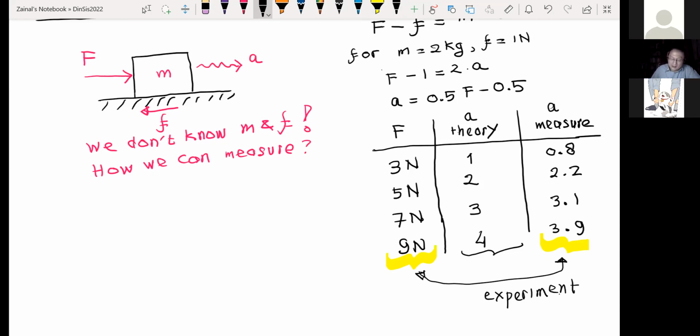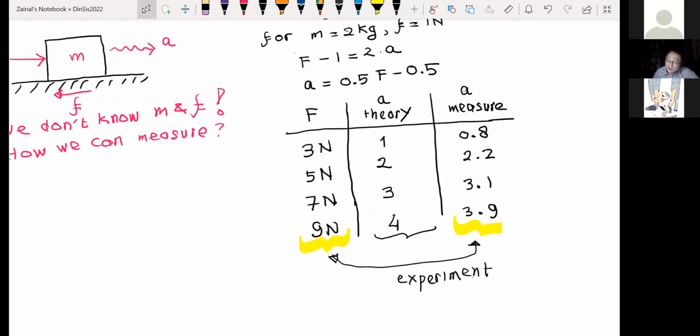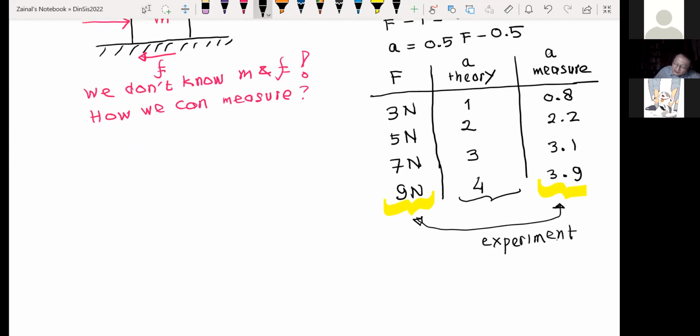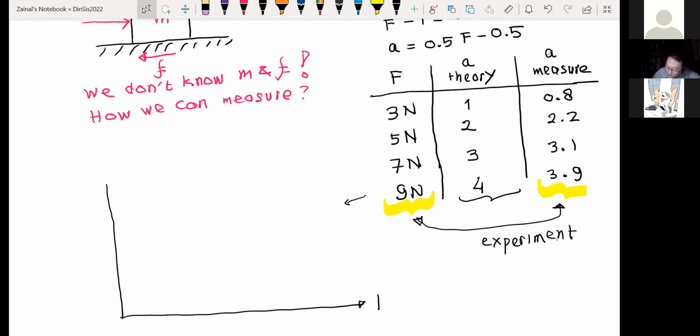Okay. Now, look at this equation, right? If you plot the acceleration from this graph, something like this one is the amount of force you apply, and then this one is the acceleration you measure, then most likely this one is something like this one.